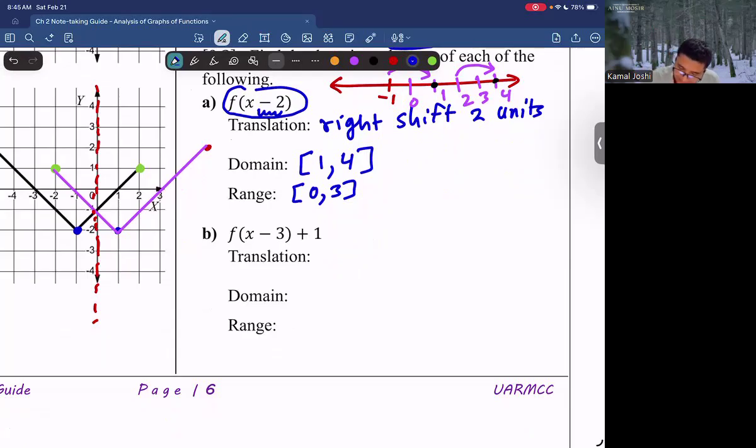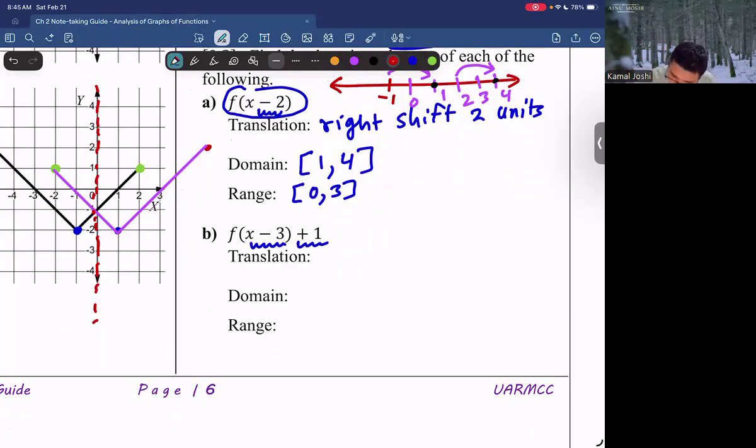Now two actions have been taken. One is x minus 3 and the other is plus 1. They are on different objects, right? The x minus 3 acts horizontally on the input. The plus 1 is on the output.